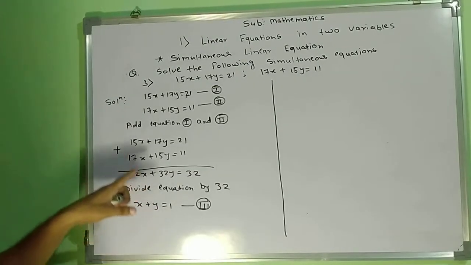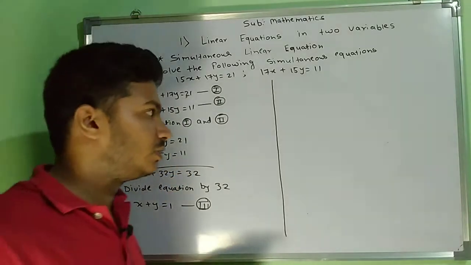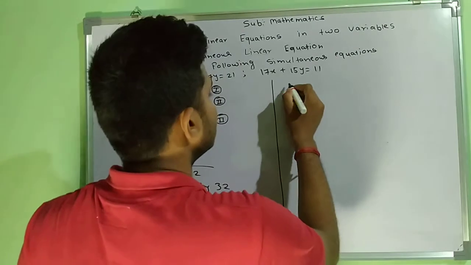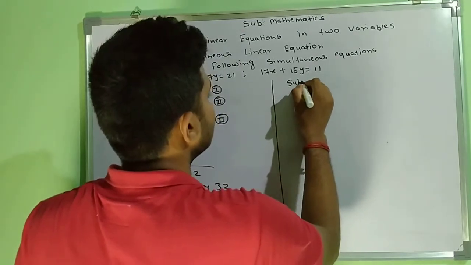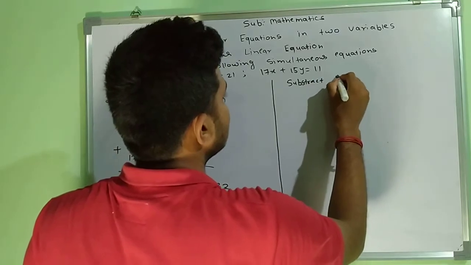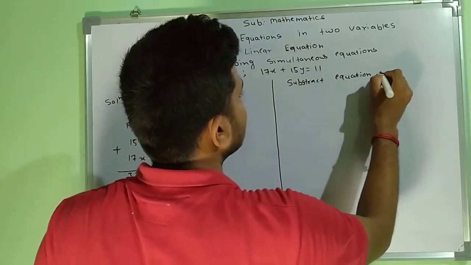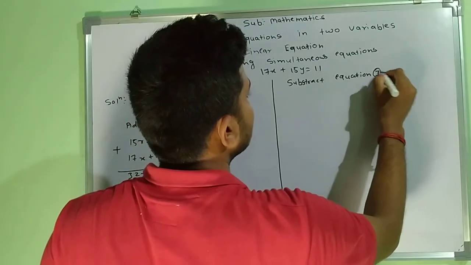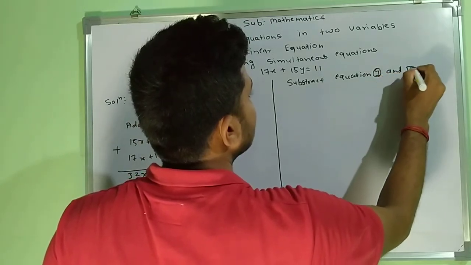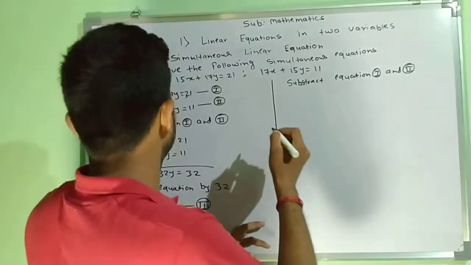As I said, again we have to subtract that equation 1 and 2. Now we subtract that equation 1 and 2.